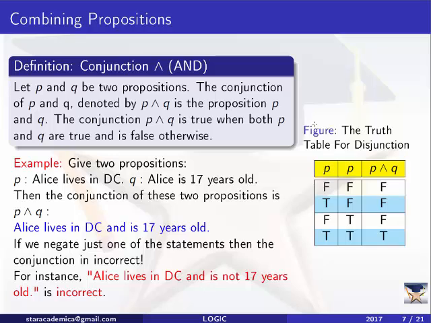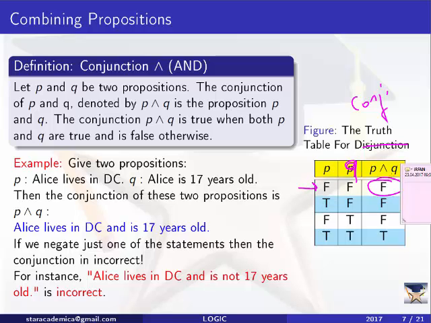Here is a truth table for conjunction, really. And this is Q, by the way. So if P is false and Q is false, then P and Q is false.